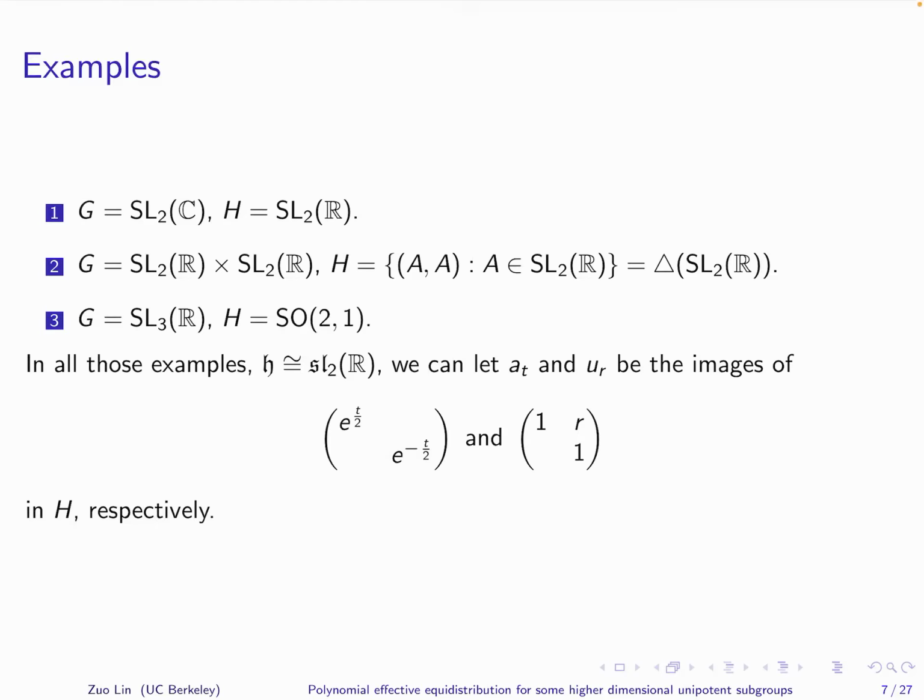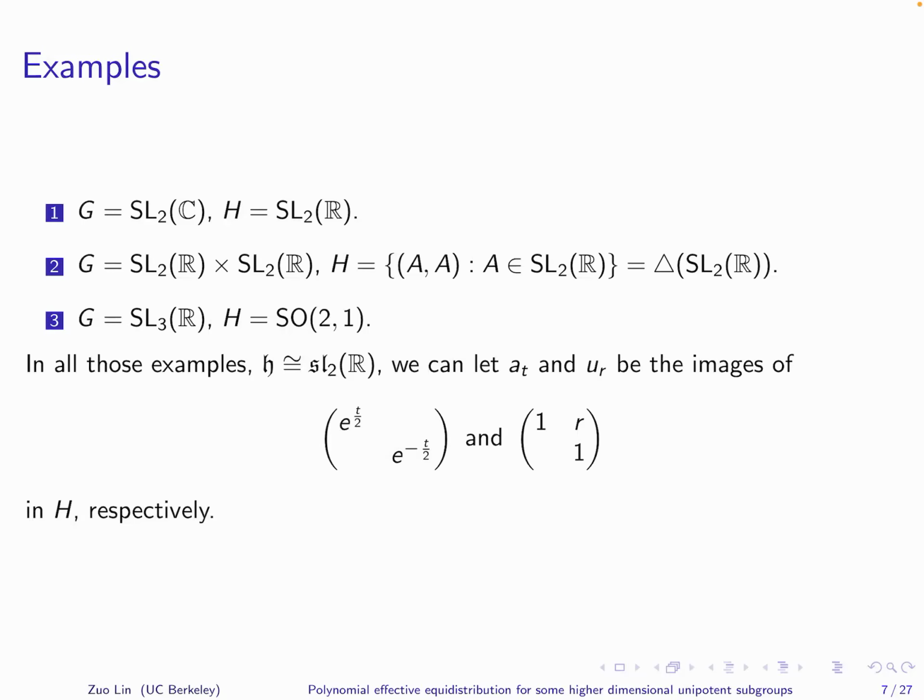And okay, in all those examples, this H is actually locally isomorphic to SL_2. And in this case, we can let this diagonal element and unipotent element be the corresponding part of our favorite one: A_t to be the matrix with entries e^{t/2}, e^{-t/2}, and U_r to be this strictly upper triangular 2x2 matrix (1, r; 0, 1).